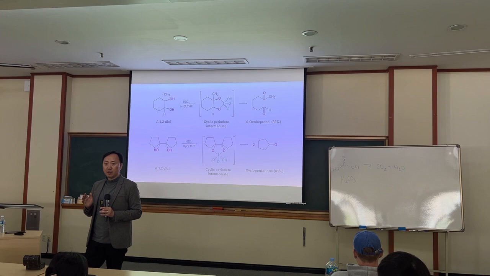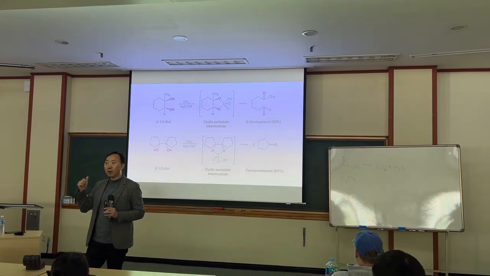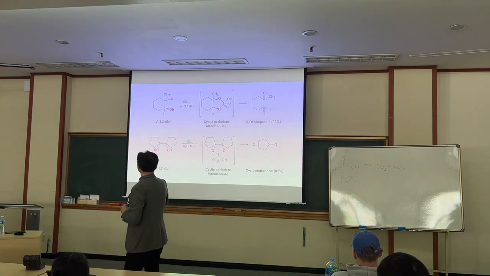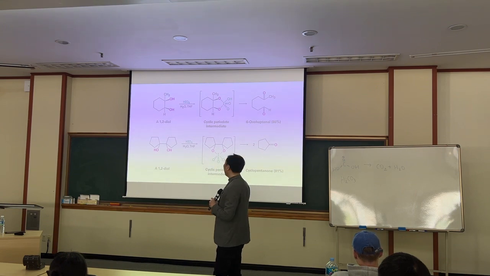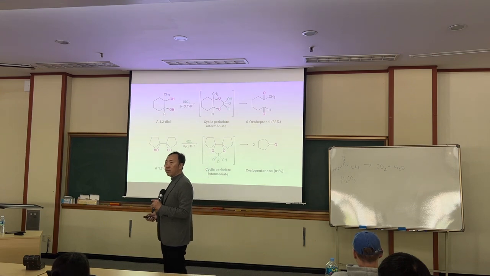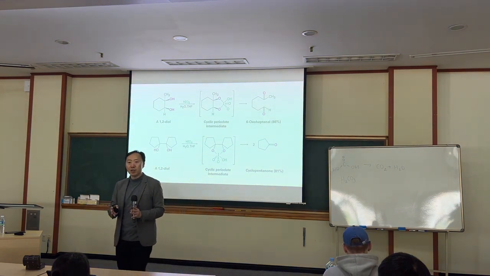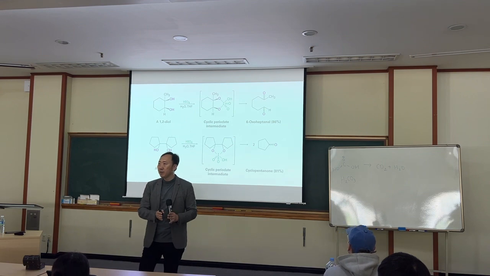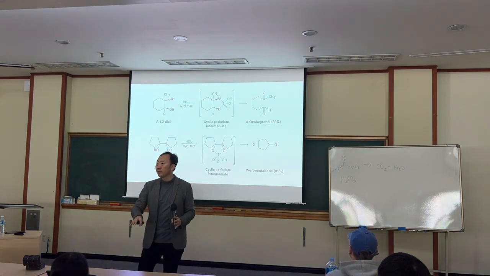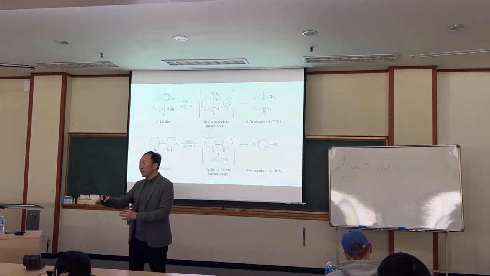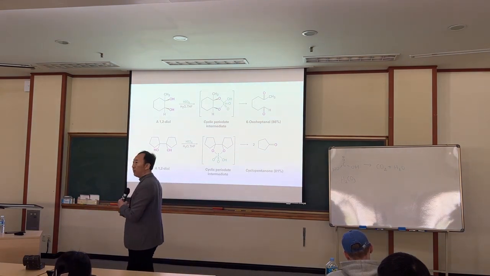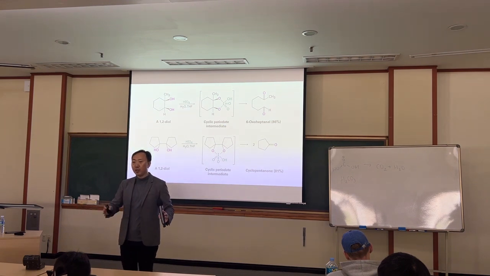IO4, periodate, does not react with a double bond, it reacts with the dialcohol. And then the end result is breaking up in the middle, and then generating aldehyde. So this reaction seems like a two-step reaction. Starting from double bond, OsO4 reaction, and then generate diol, and then break this to make this aldehyde form. So this is a two-step reaction.